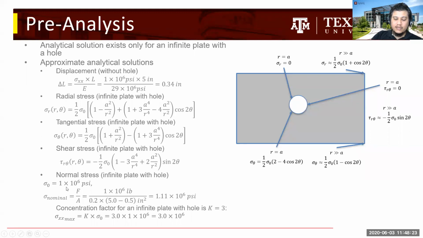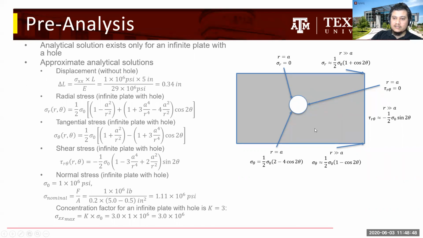The nominal stress is the value of stress at this location, assuming that we don't have a hole and that this is the total cross-section area. For this cross-section area, the value of nominal stress comes out to be 1.11.